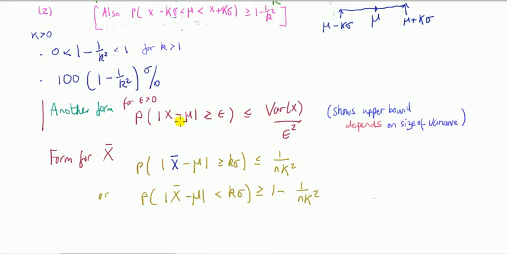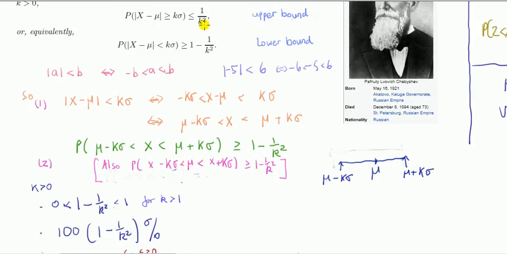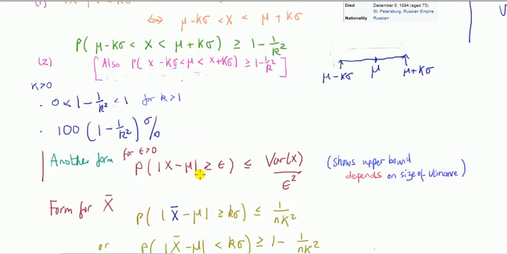Whereas if this variance was big, it means the distribution is quite spread out around the mean, and so there is a higher chance or high probability that x is far from the mean. So that makes intuitive sense. I like this one. You can actually jump between these two forms just by a suitable substitution for epsilon. But this is not a video of proofs, but you can try it, okay?